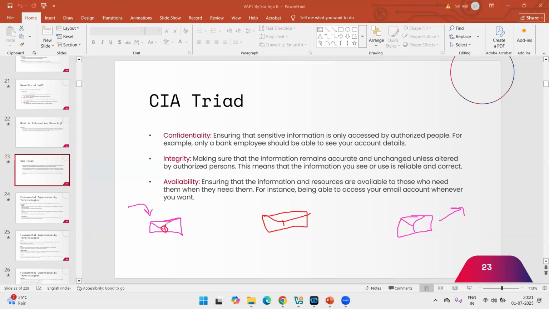Yeah, even today, when the government seizes something, they seal it. Exactly. Why? No one should open it or tamper with it. If that happens, they'll easily get to know that someone has tampered with or opened it. That's a different case.